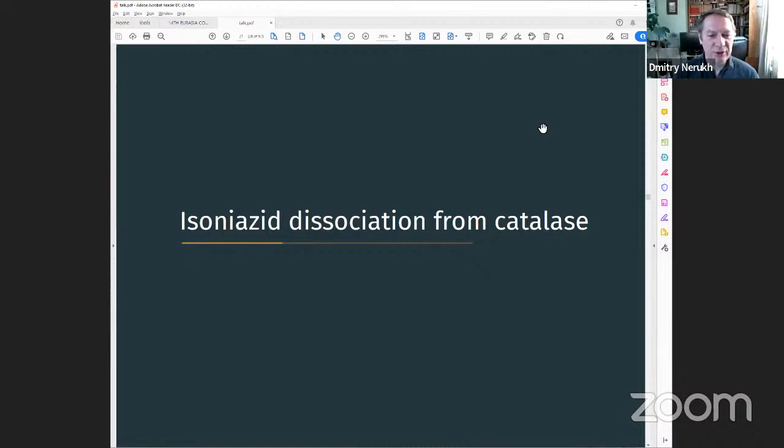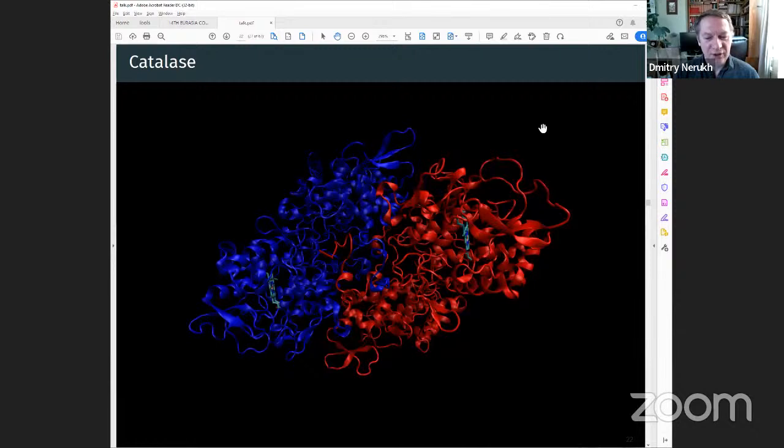Another example, which we do in our group, is the simulation of catalase. This is the main target in tuberculosis bacteria, and the antibiotic which is used in curing tuberculosis is isoniazid.